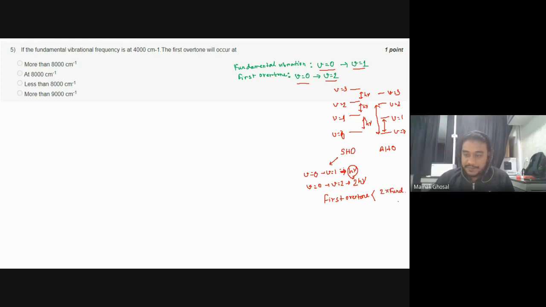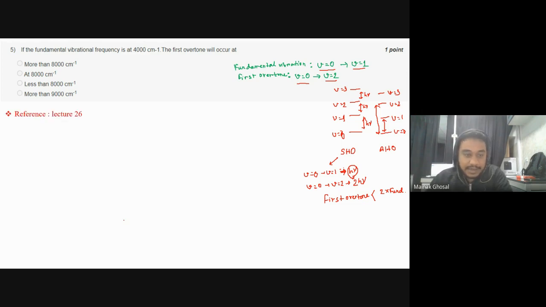You understand qualitatively that your first overtone energy will always be less than 2 into the fundamental energy. So your answer is always less than 8000 centimeter inverse. Exactly. Now we will prove this mathematically.